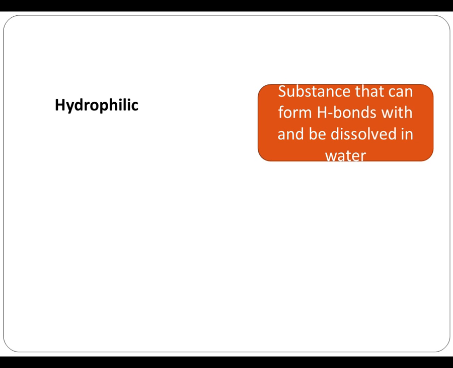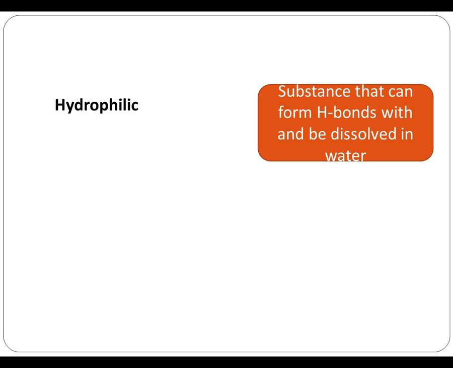Additional clarification that you might want to add in your notes about hydrophilic substances is that because they can form hydrogen bonds, it's due to they've probably got a what? And what about them would make them dissolvable? They're polar. Okay.